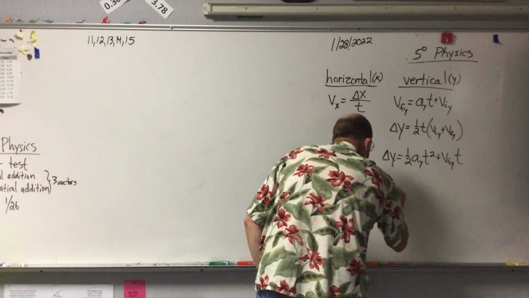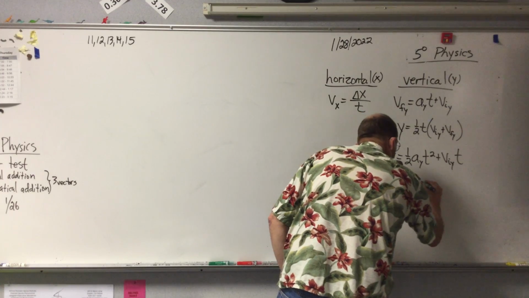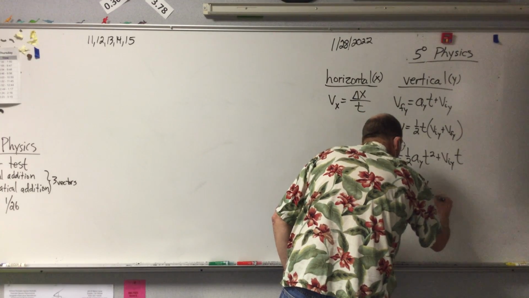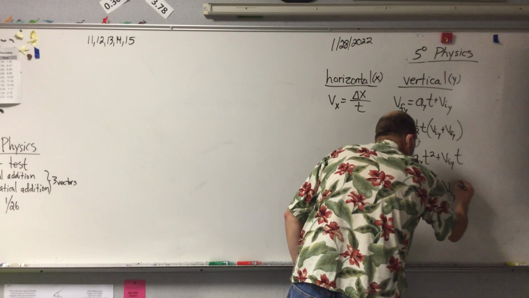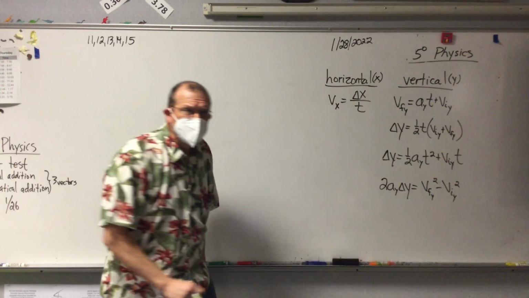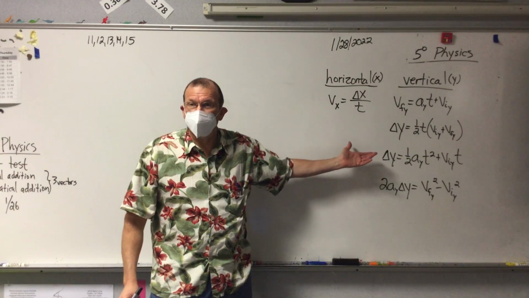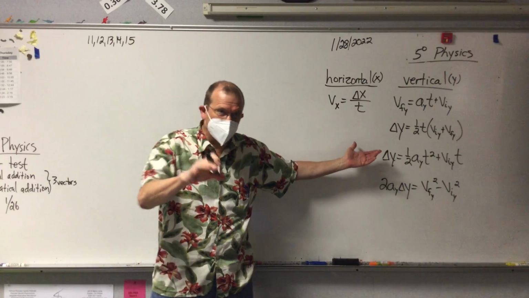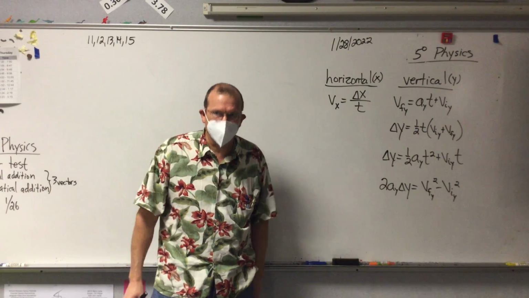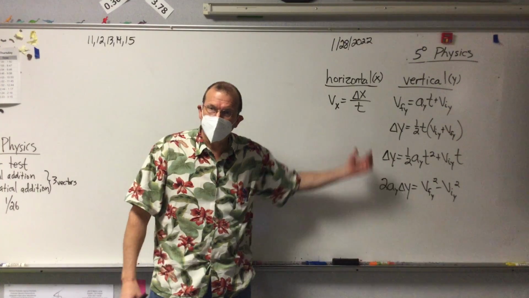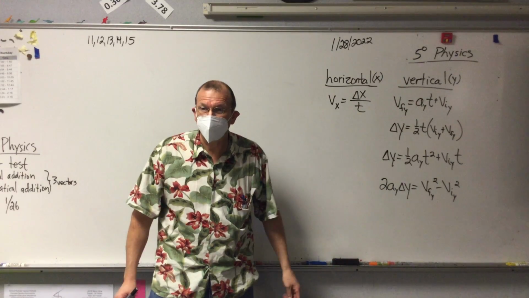And then we had 2 AY delta y equals VFY squared minus VIY squared. This is where I said everything you need is here. So if you're in that mode where you're like, I just want to memorize exactly what I need in order to solve stuff, if you can't cough this up, you could be in trouble.